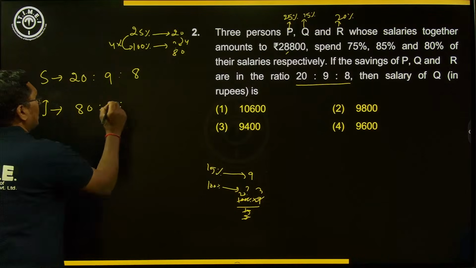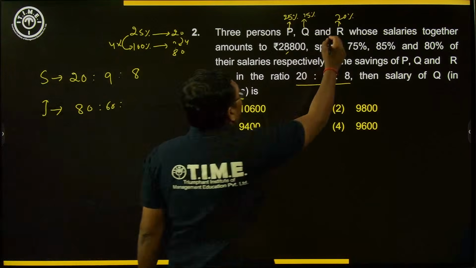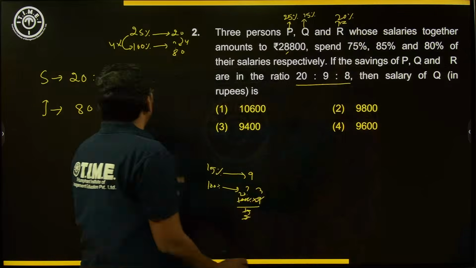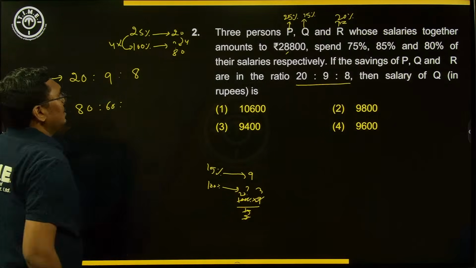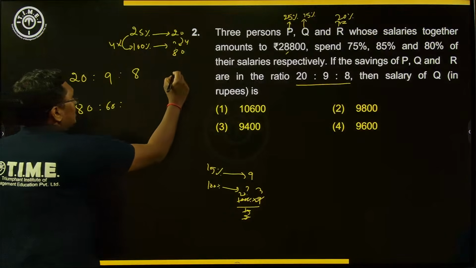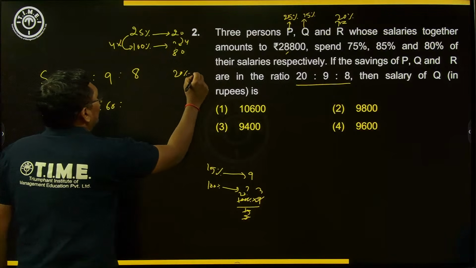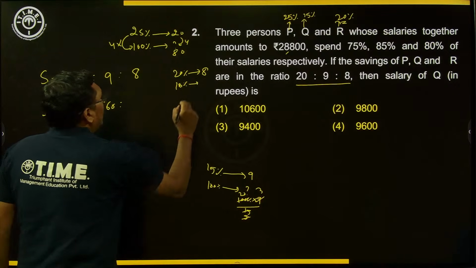So what is the income of R? So R saves 20%. So 20% is 8, and you have to find 100%.